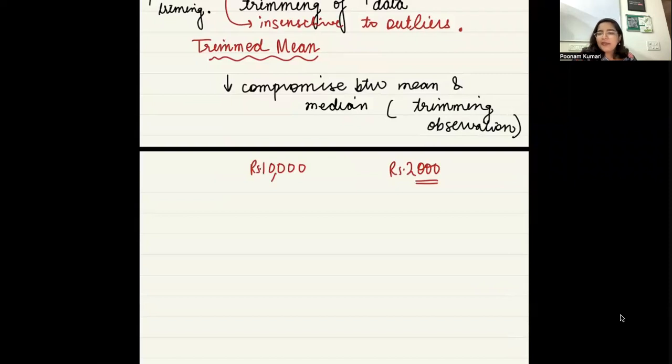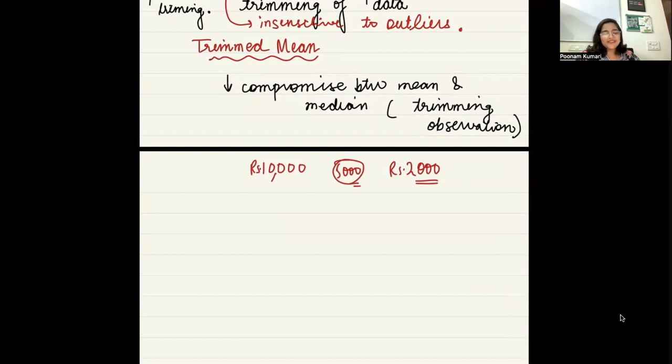You say, na aapki na meri, let's buy something worth 5,000. Like you do with shopkeepers: they quote a higher price, you quote a very low price, and then you end up in the middle. That is a compromise between these two, and that is the meaning of the term middle ground.